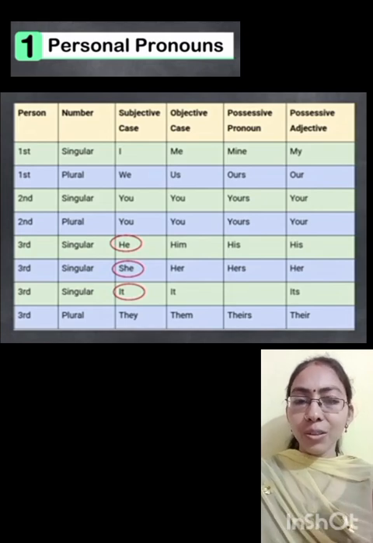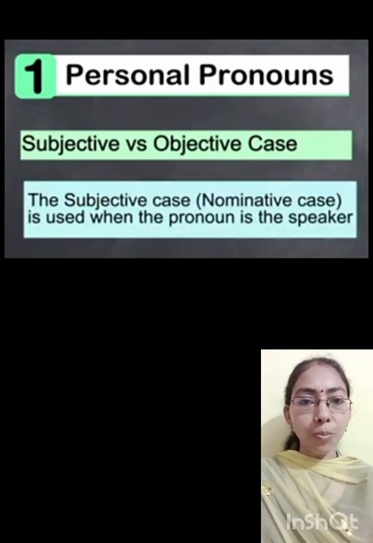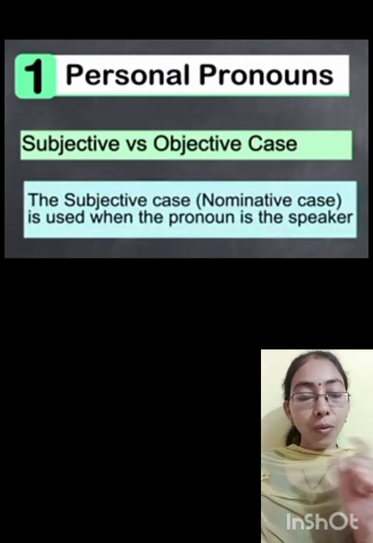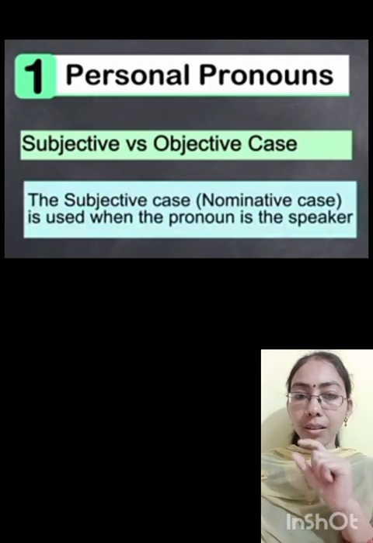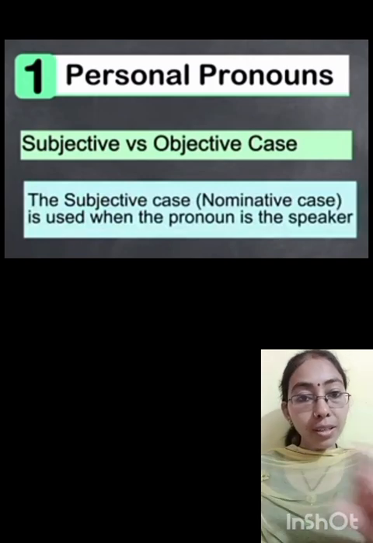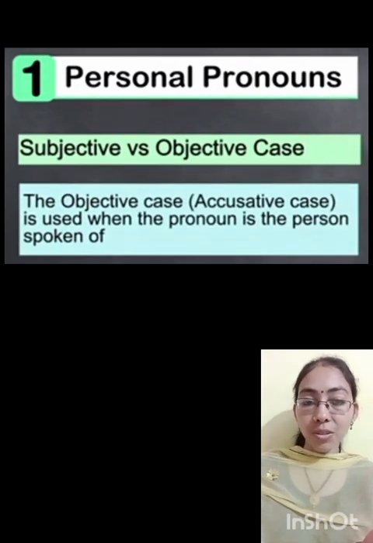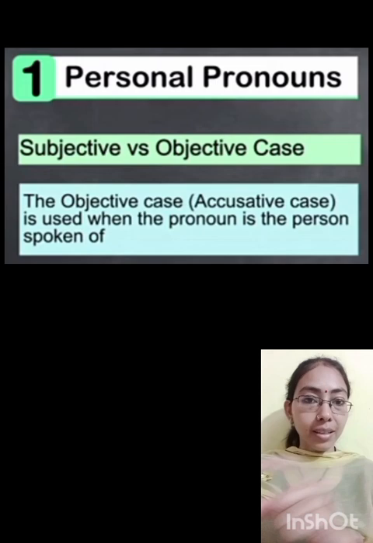Great. So, what is the difference between the subjective and the objective case? The subjective case is used when the pronoun is the speaker, meaning the subject of the sentence, right? And the objective case is used when the pronoun is the person spoken of, meaning the object in the sentence.